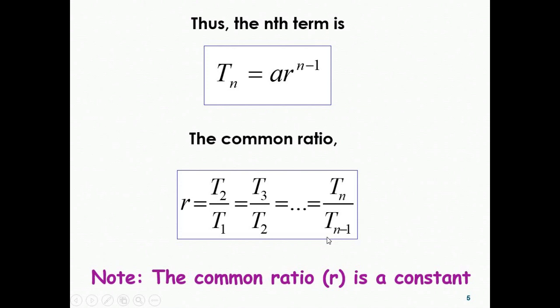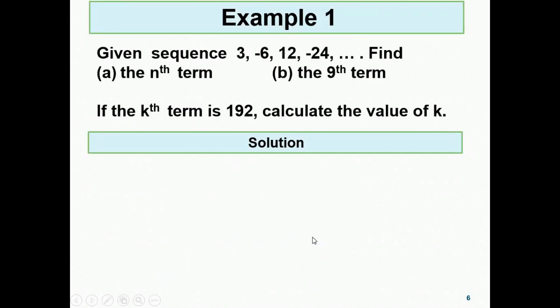Now proceed to example 1. Given the sequence 3, negative 6, 12, negative 24, and so on, find A, the nth term, B, the ninth term, and C, if the kth term is 192, calculate the value of k.